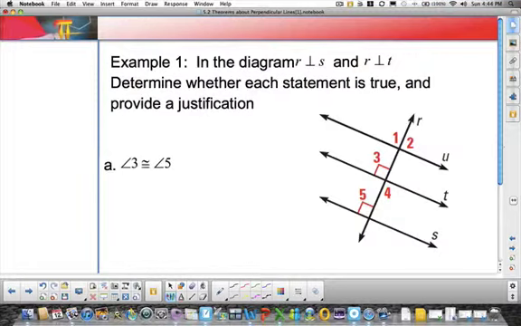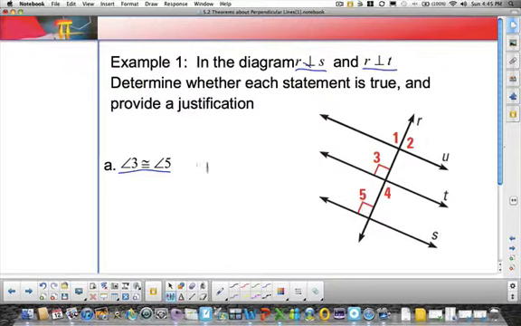So here's our first example. In this particular diagram, we know that line R is perpendicular to line S, and we know that line R is perpendicular to line T. So we want to determine whether each statement is true, and we want to provide a justification. So statement A says angle 3 here is congruent to angle 5.